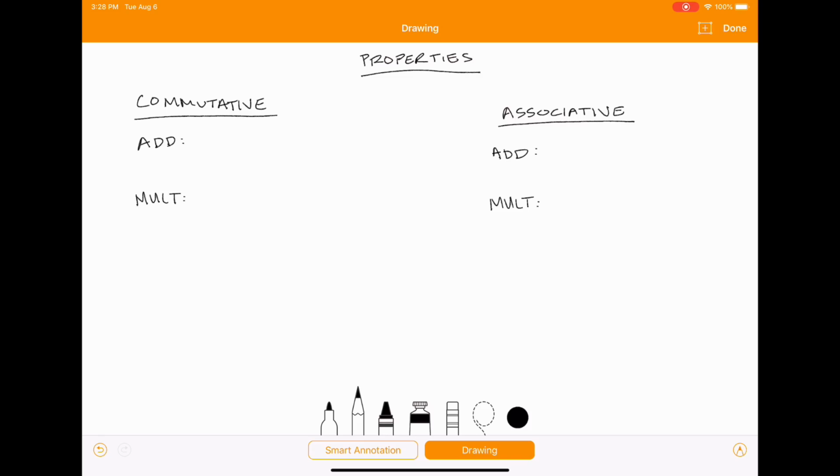So let's go ahead and start out with the commutative property of addition. In words, what that means is in a sum, you can add the numbers in any order.